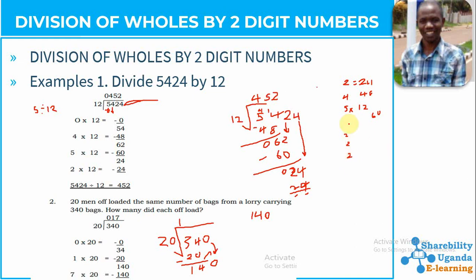Okay, let's see. We want to get a number that can be divided by 40. So we are saying that number we can get it if we say our 20 times 2. 20 times 2 we get 40. Then if we also say our 40 times 2.